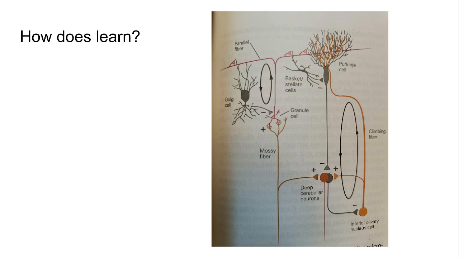But when a climbing fiber fires, it certainly means that the Purkinje cell would also fire, and it fires in what's called a complex spike.